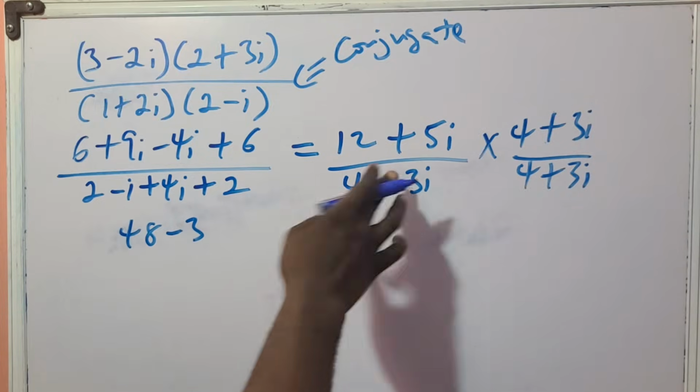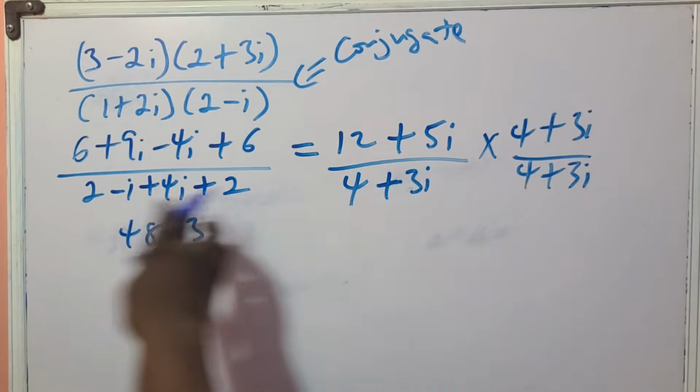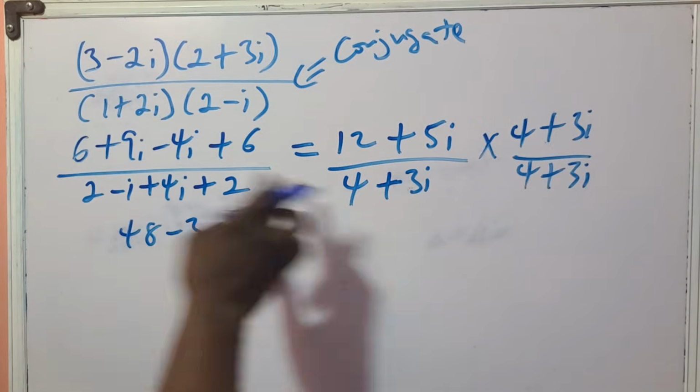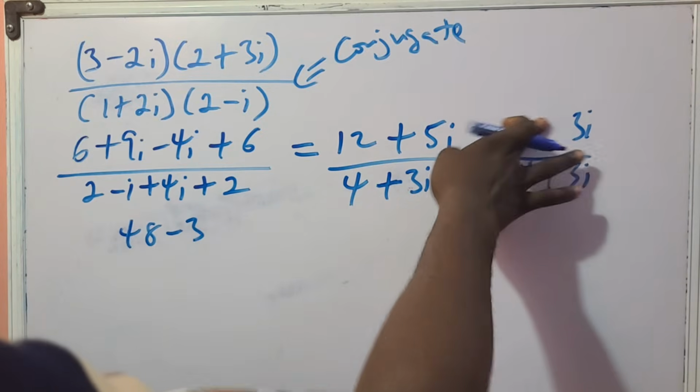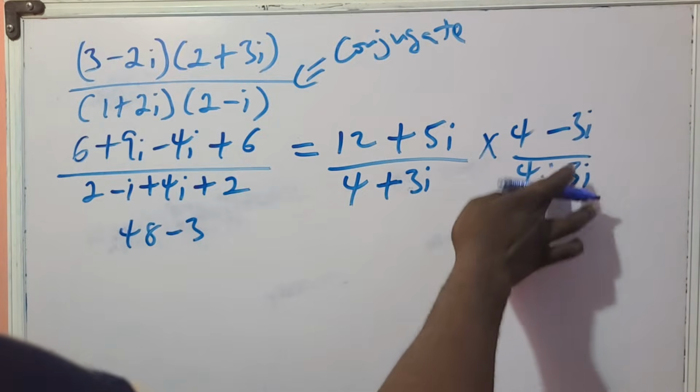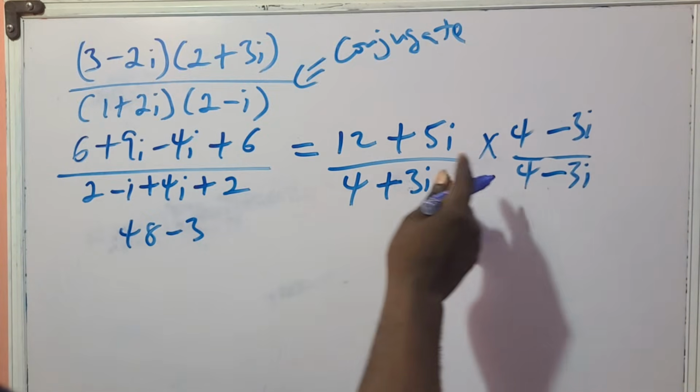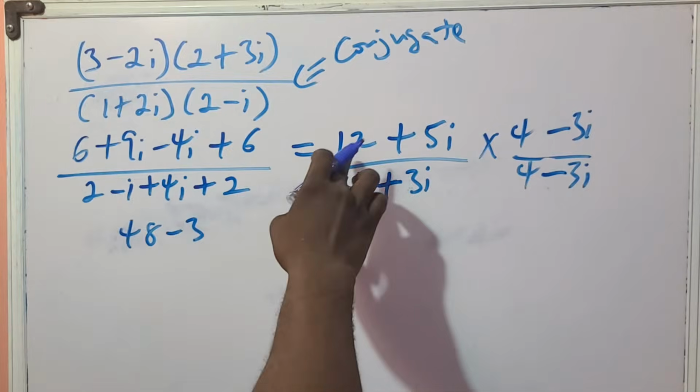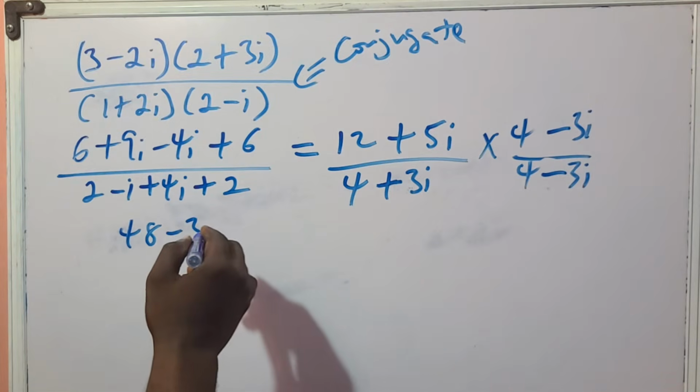Sorry, we got plus 3i here. This is minus i times minus, sorry, this is plus 3, so this is supposed to be minus. Sorry for that. So your conjugate here will be minus. So we have 12 times minus 3, that will be minus 36.